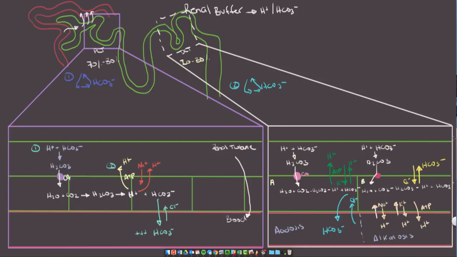So the opposite in this intercalated cell type B is that bicarbonate is being pushed out into the urine, or into the renal filtrate, in exchange for chloride ions. And we're seeing hydrogen ions being reabsorbed into the bloodstream in exchange for things like sodium and potassium. So it's truly an opposite function to what we're seeing when we're trying to fix an acidosis problem.